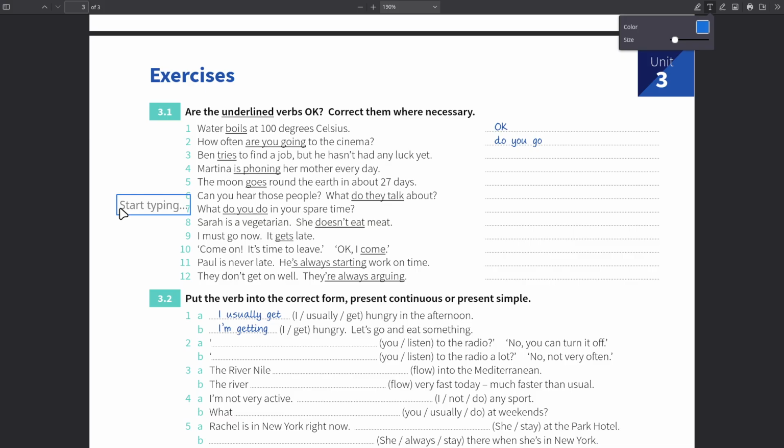We are talking about how he hasn't had any luck finding a job for a period of time, from before up to the present. So in that case, Ben is trying to find a job. Why? Because he has been trying to find a job for a while, maybe for a couple of days or maybe for a couple of months, or I don't know, because it doesn't specify how long, right?